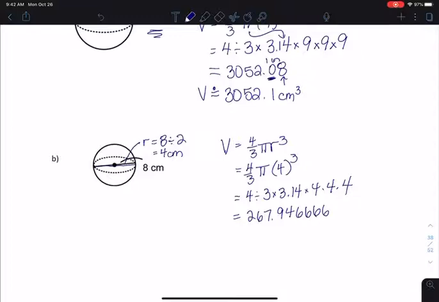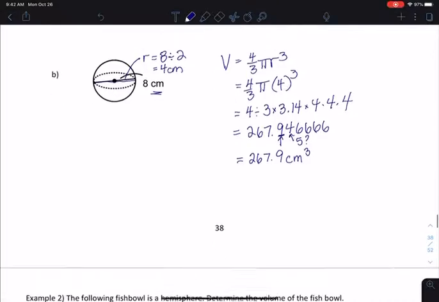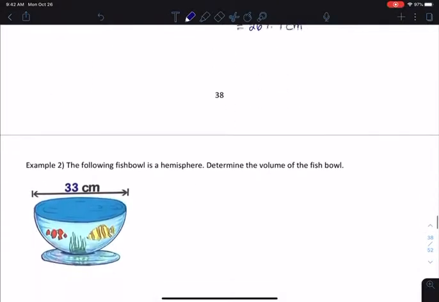But I really want to round to 1 decimal place, and I'm going to look at this one and say, is it bigger than 5? No. So if it's not bigger than 5, then this stays the same. So this will be 267.9. And my units are centimeters, so the volume will be centimeters cubed. Make sense?